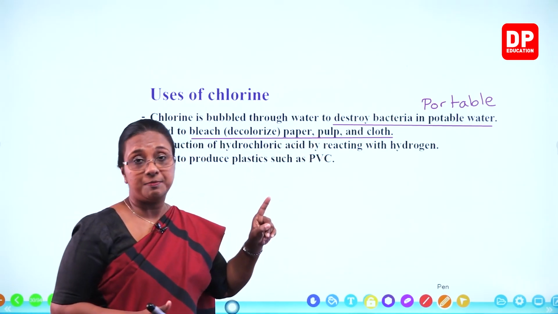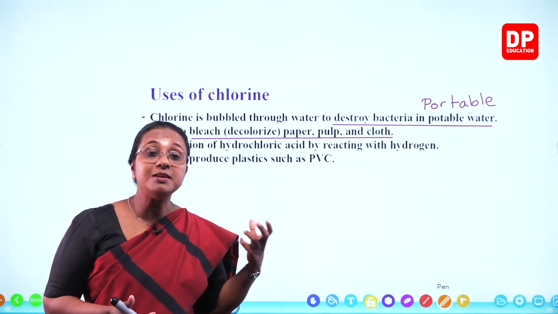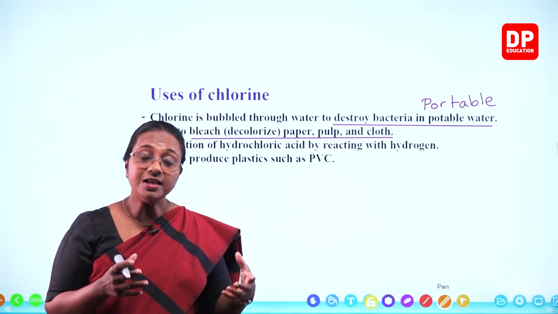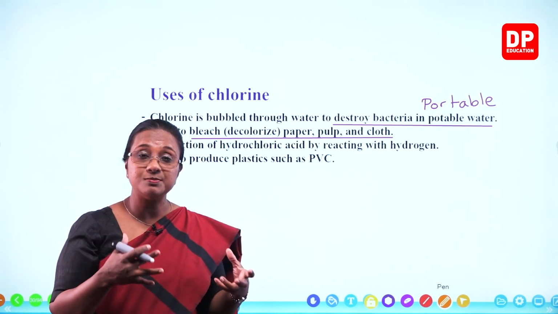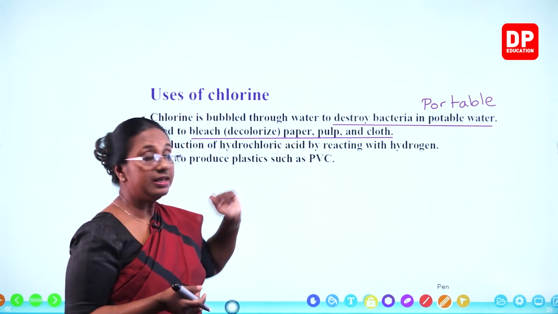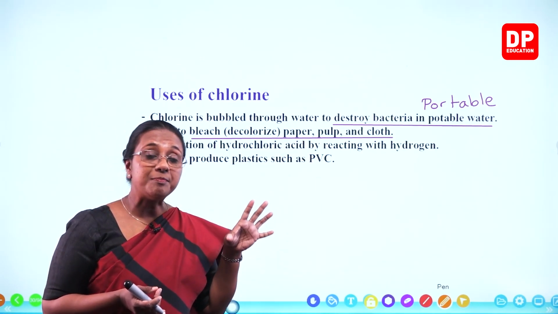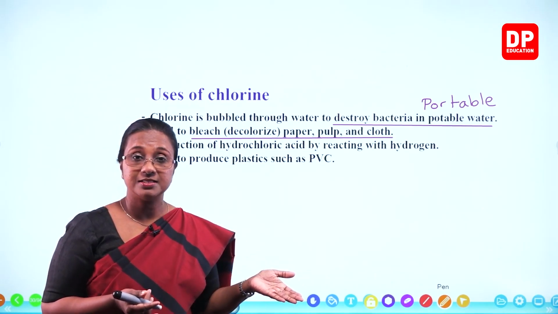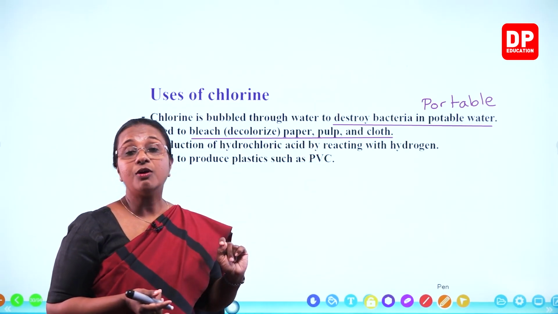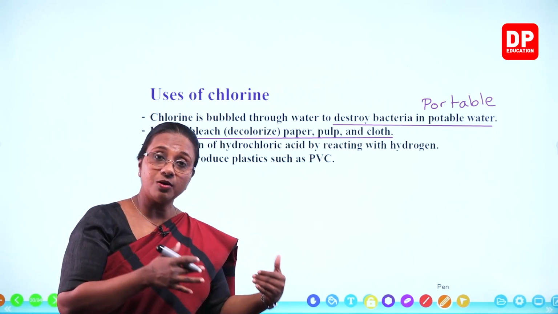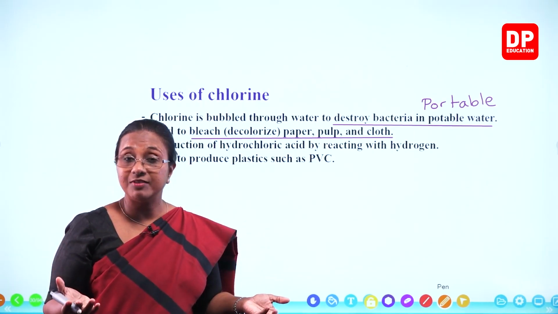Then there is pulp. Now, you all know plant materials are used to make paper. So, the plant material, when it is made into a soft mixture, that is called a pulp. So, that pulp also should be bleached or decolorized. And then cloths. Now, if you need white cloth, sometimes the cloth that is made might have a color.